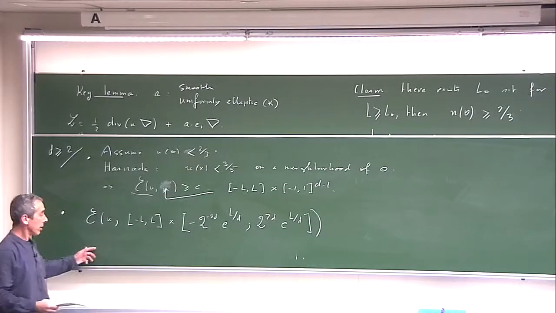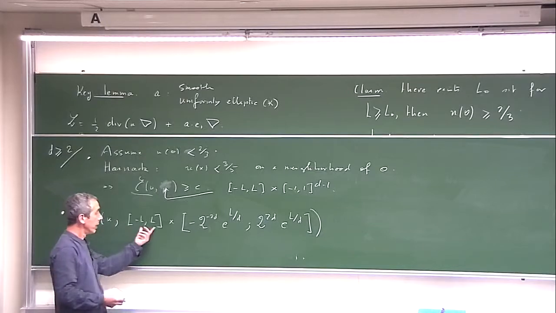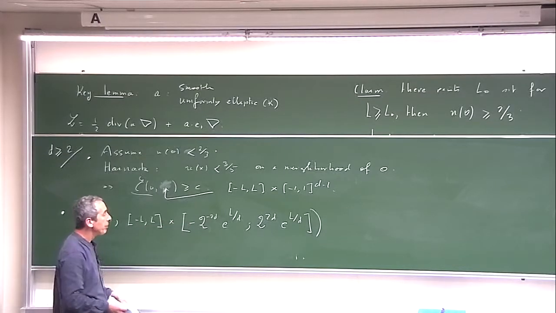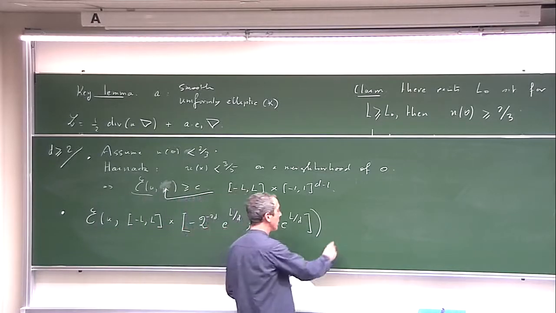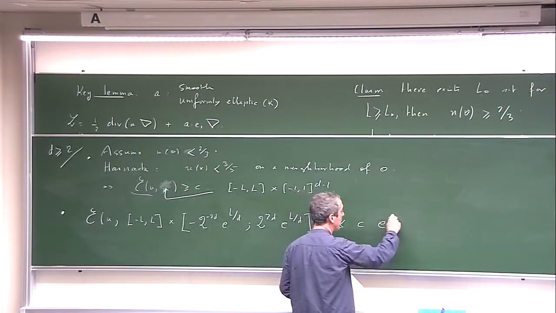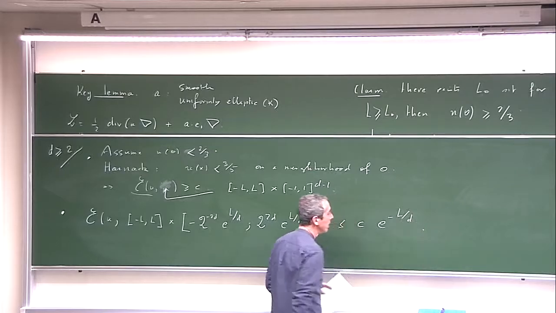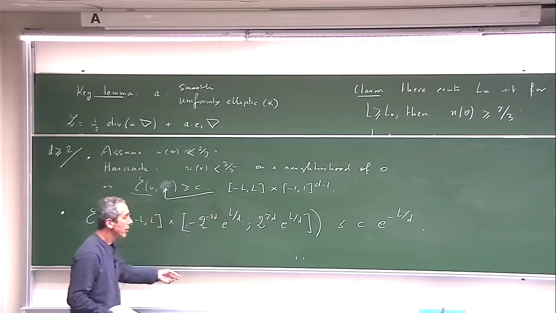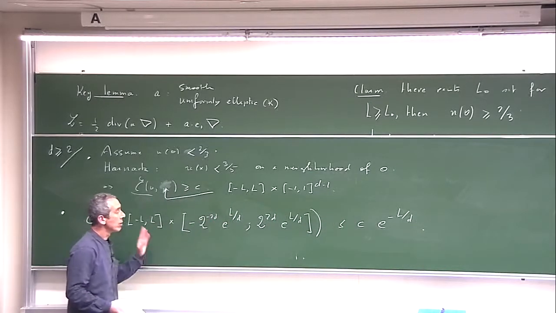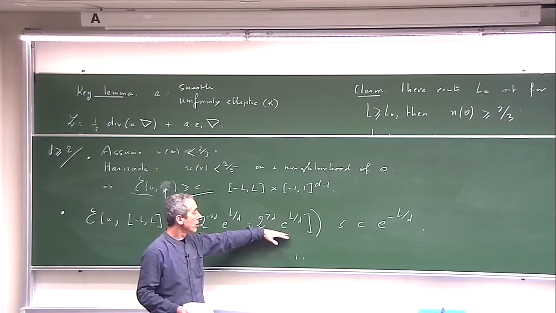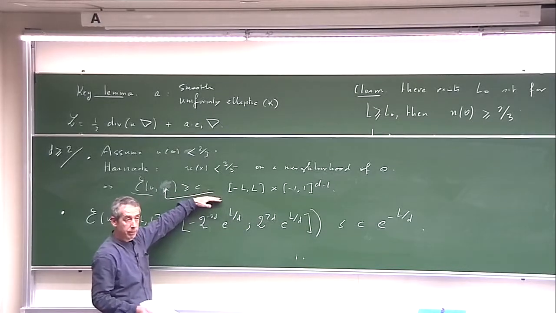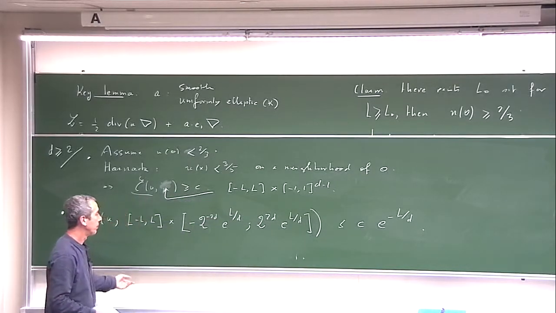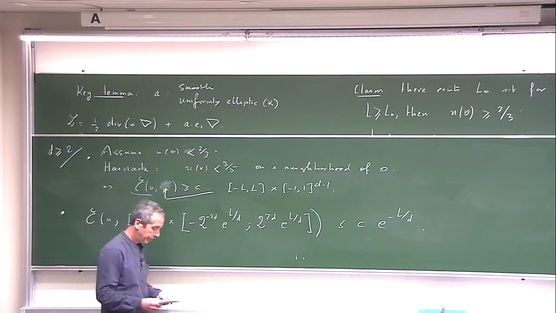So what we will show is that if you take the energy of u in such a domain, then this decays to 0 quite fast. So this is less than some constant times exponential minus L to the d. And once again, in the constant, there might be some lower order terms. So once we have this kind of upper estimate, it's in contradiction with this. And then we can choose L0. Okay?